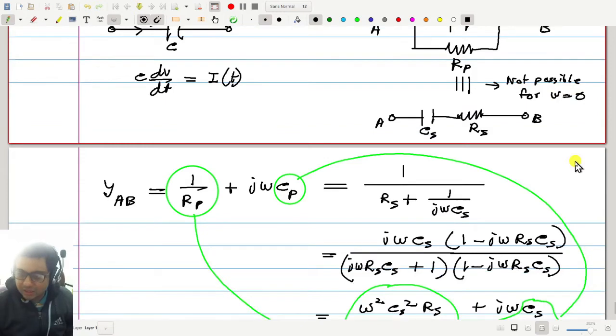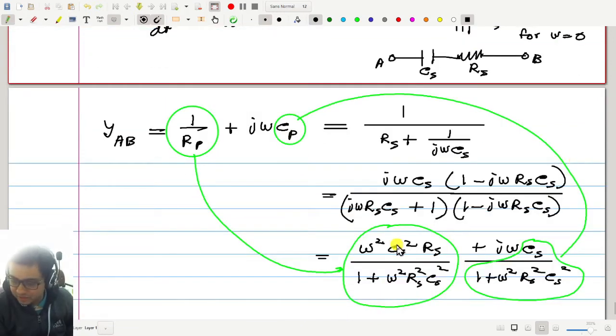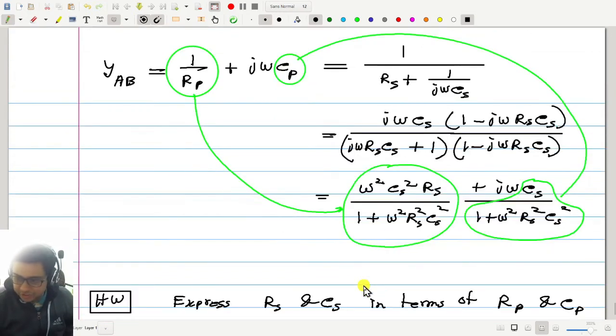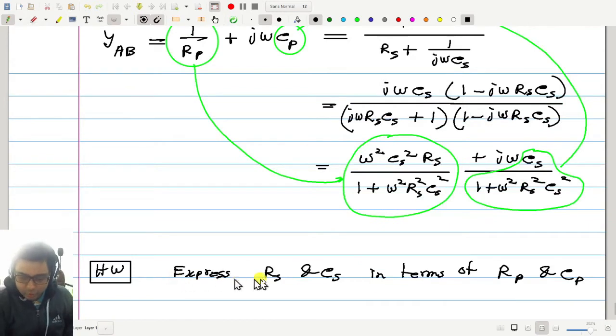Is it visible from this equation? No, not directly visible, I think. For that you have to do this homework. You have to write Rs and Cs in terms of Rp and Cp, and you will realize that if omega is 0, something goes wrong. You will not be able to find Rs and Cs.